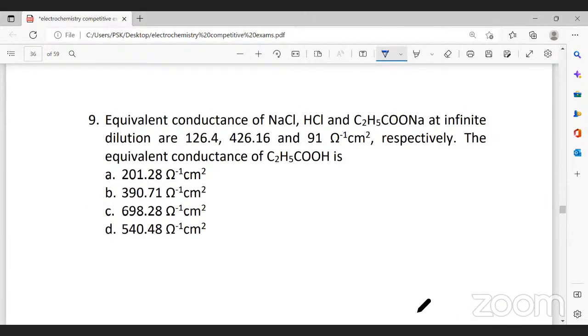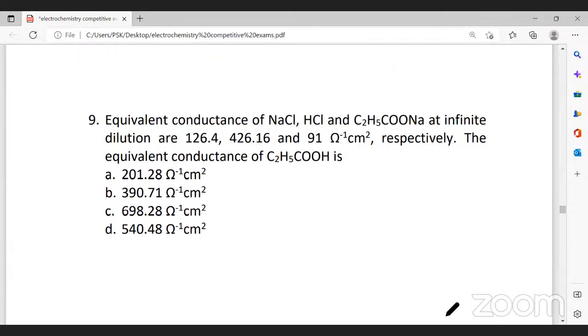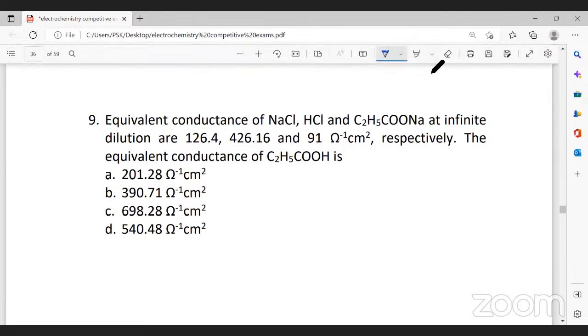Let's see how we work this problem. Now, the equivalent conductance of NaCl, HCl, and sodium propanoate, C2H5COONa. Not ethanoate. Acetate is CH3COO minus.